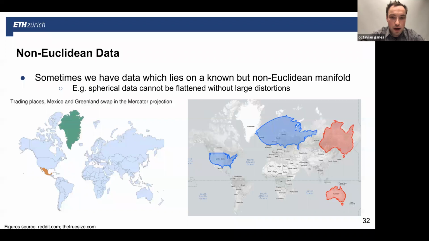The typical example is how to represent maps of the world on a flat sheet of paper. People typically use the so-called Mercator projection, the typical representation of maps. But it's misleading. On the left side, in this projection, Mexico and Greenland appear to be very different, but it turns out they have a very similar surface.